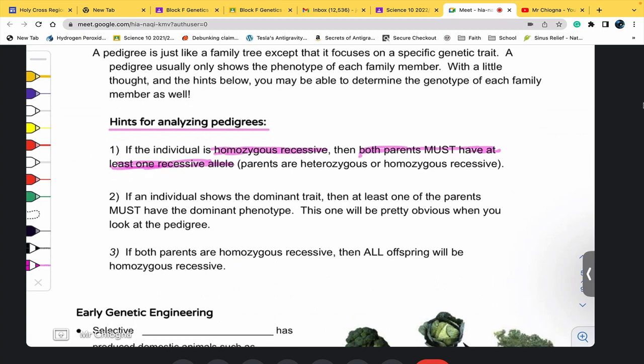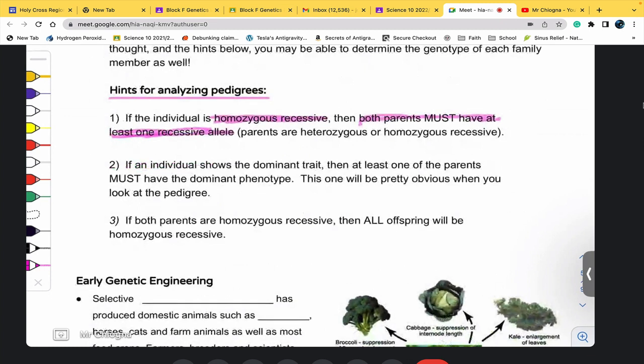Right? Number two, if an individual shows the dominant trait, then at least one of the parents must have a dominant phenotype.